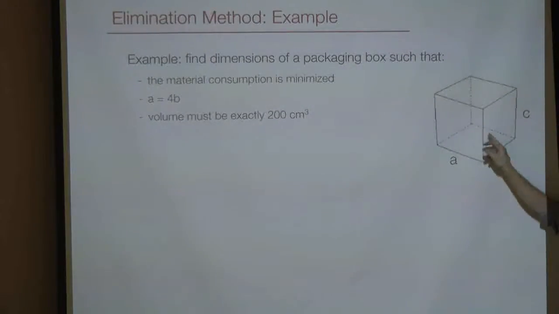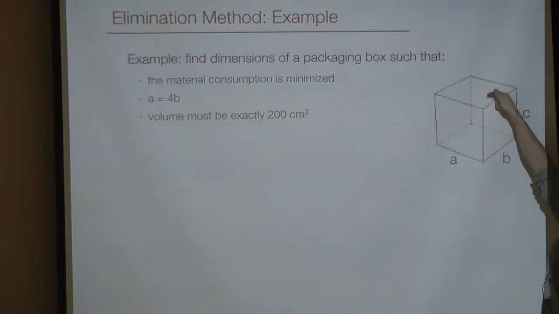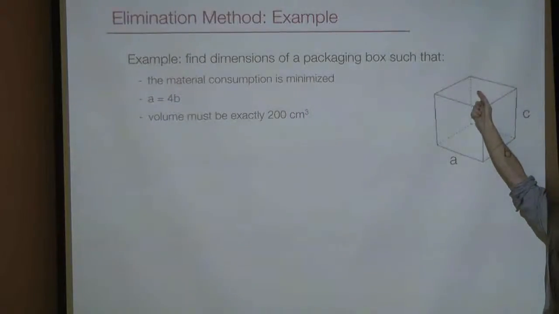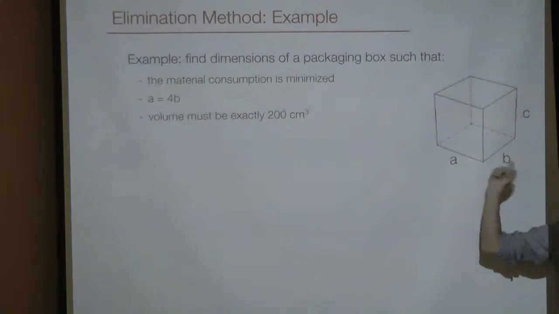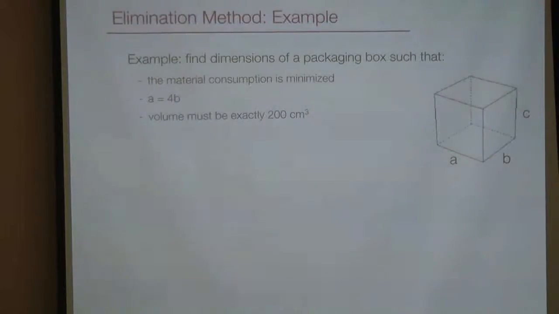The overall volume of the box must be exactly 200 cubic centimeters. And we would like to minimize the consumption of the material that is required to build up such box, but the box is open from above. Okay, so we are not counting this side here, but all others. Okay, and this is a typical problem of equality constraint optimization.